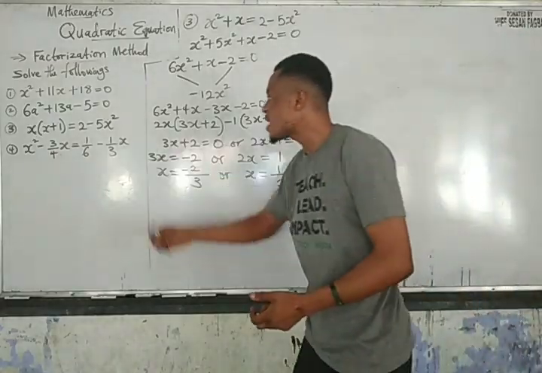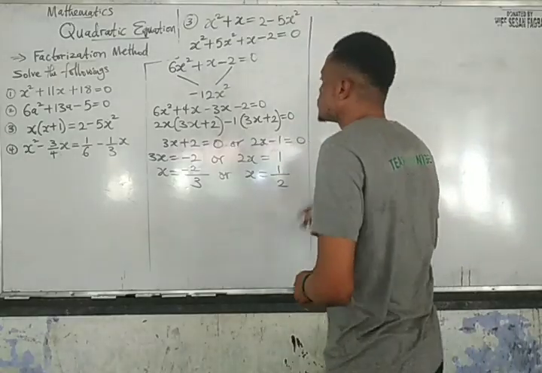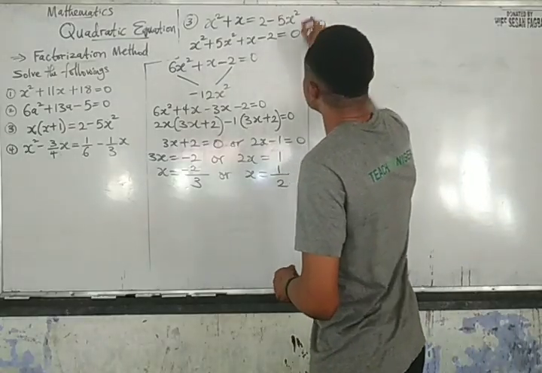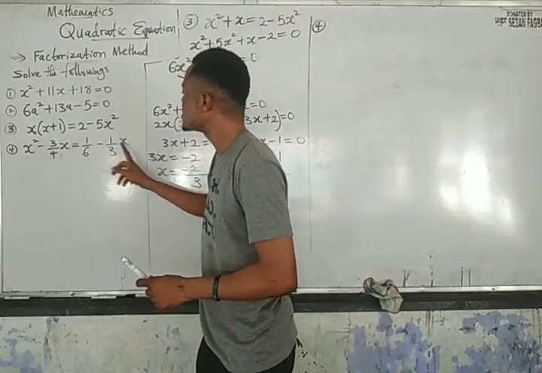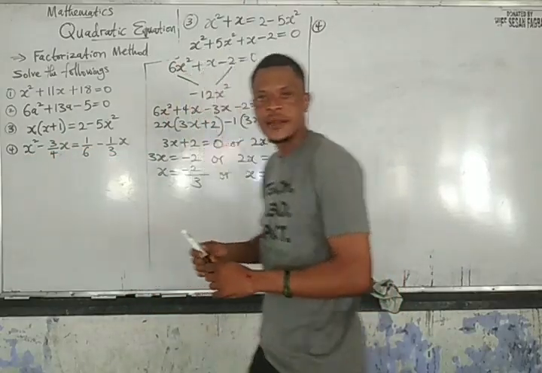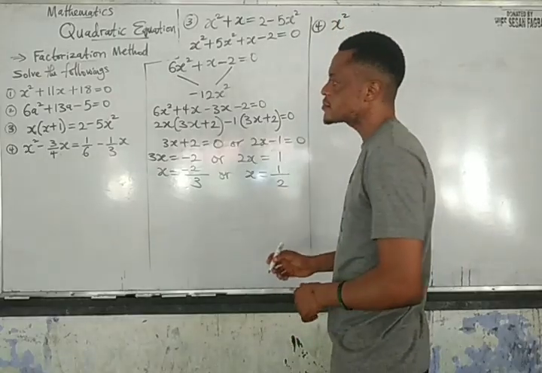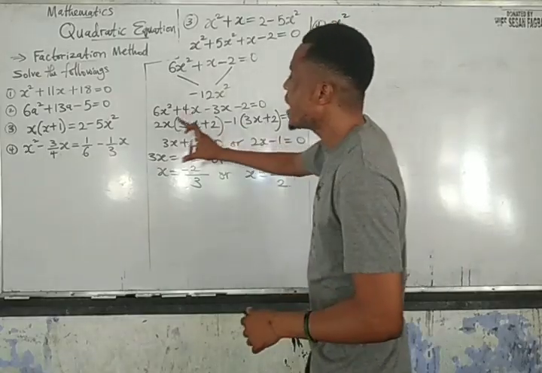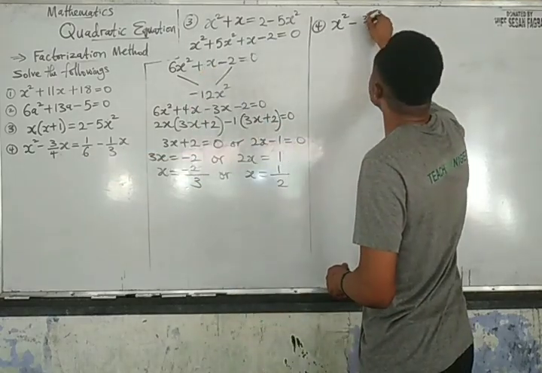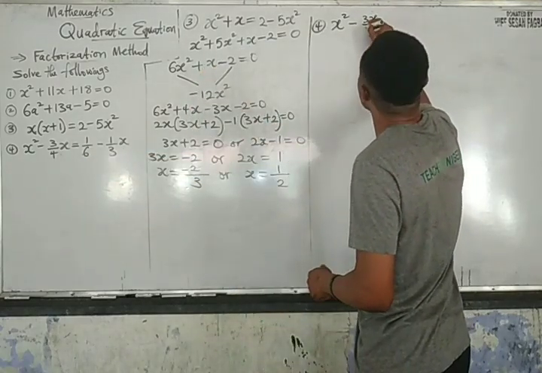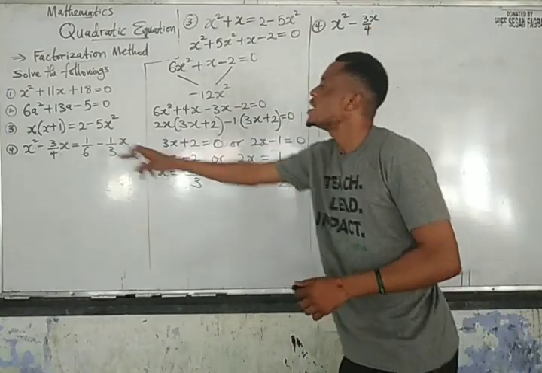So we have them as fractions. So what we will do here is simple and easy. As a matter of fact, we have this, and this. We group them together. Let's start from there. We have x squared. By the time you collect your like terms, we have this one already present, minus 3x all over 4. This comes here too.